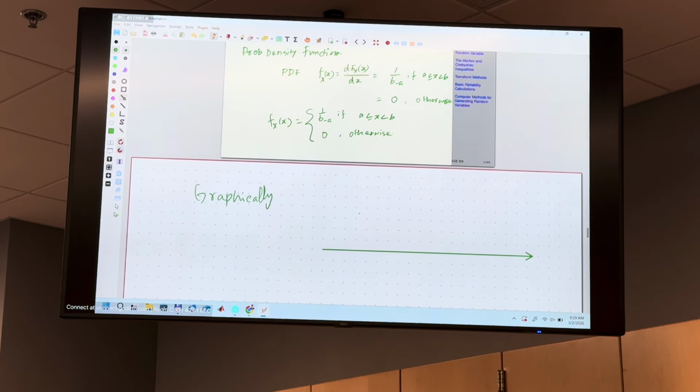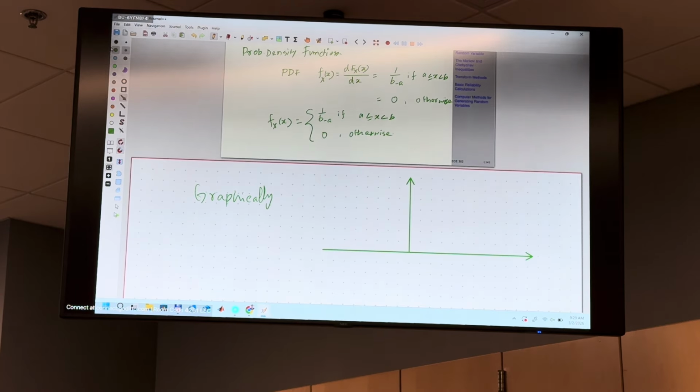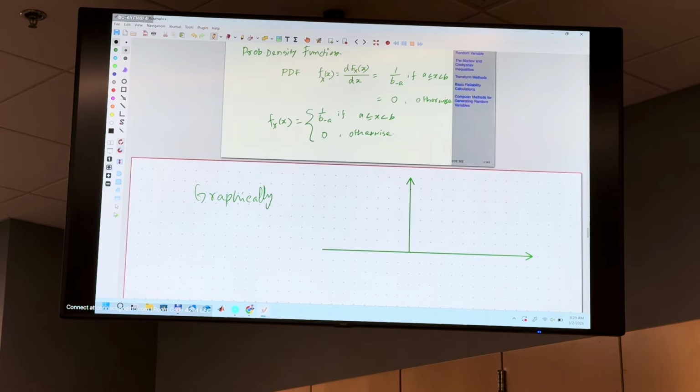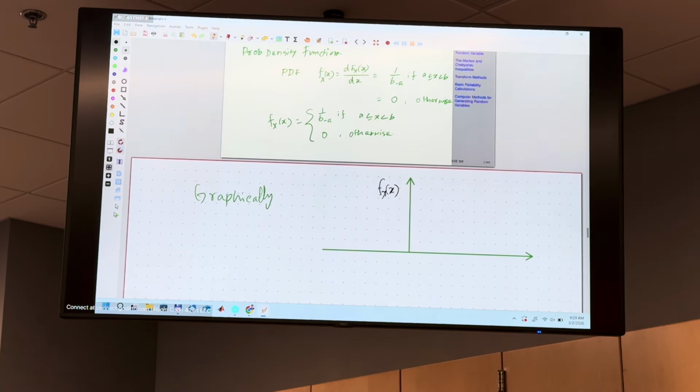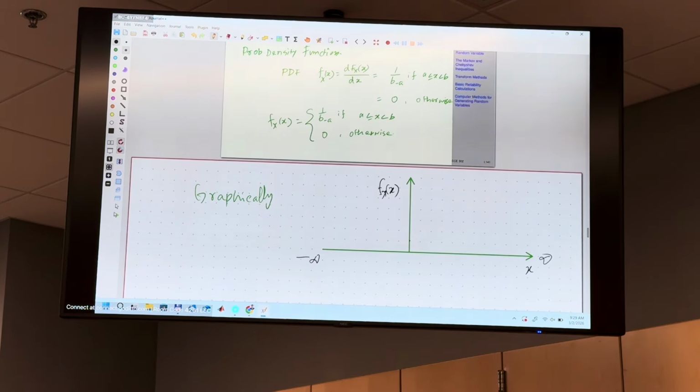This is your x-axis. This is your PDF, and this is the color. So this is your f sub x, and this x-axis is x, from negative infinity to positive infinity.